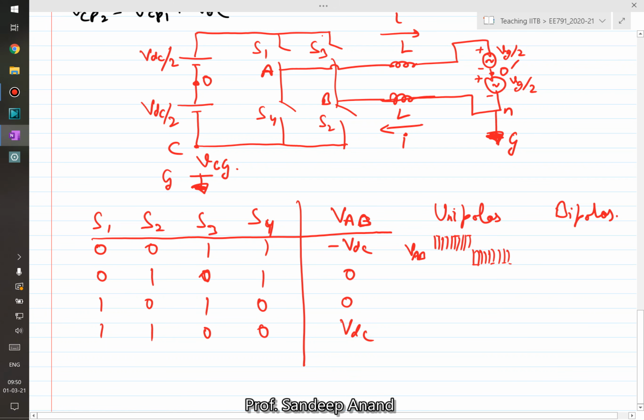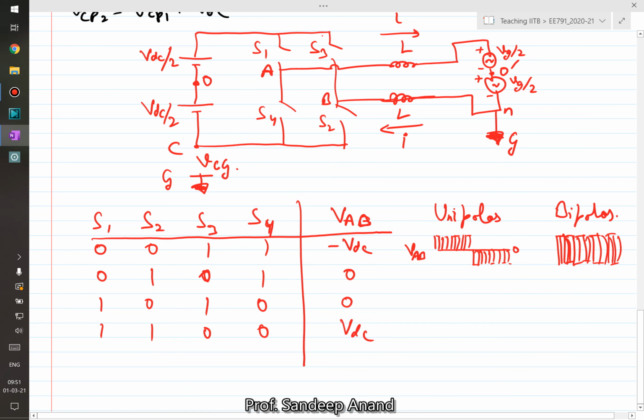You switch between plus VDC and 0, and then for the negative half, you switch between minus VDC and 0. These switchings within a half period happen at the switching frequency, or high frequency. In bipolar modulation, on the other hand, the zero state is not used. It's always switching between plus and minus.